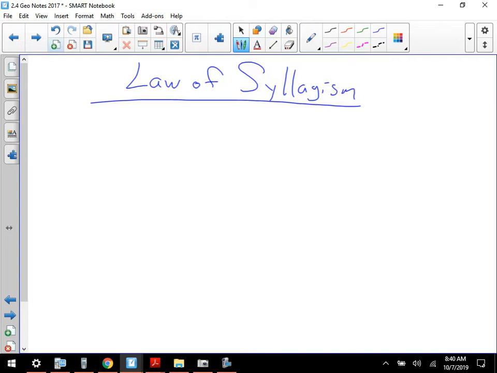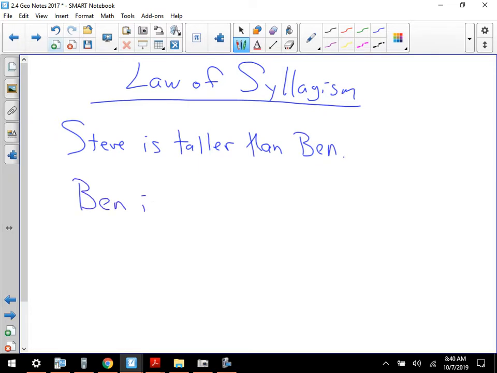Let's see, what's the easiest way to see here? Steve is taller than Ben. Ben is taller than Chris.